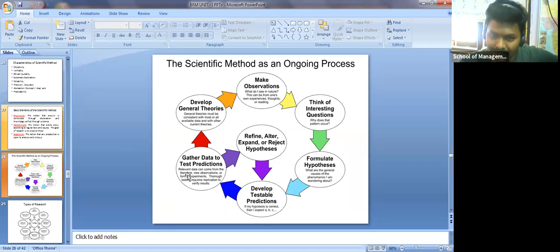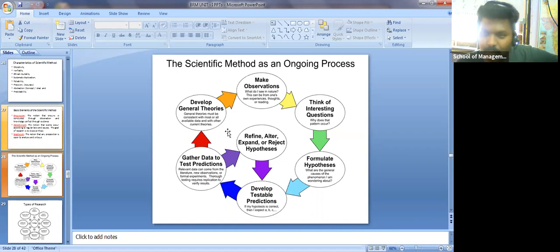So you gather the data based on the predictions, then based on that you are developing general theories, right? You gathered data and applied some test, and based on that you get some results. Based on those results you are developing certain theories.